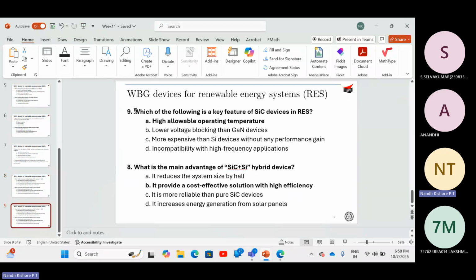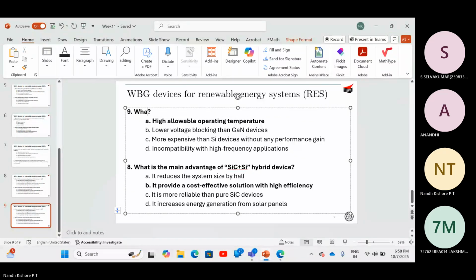So the last question is, what is the main application of the two-level back-to-back converter?